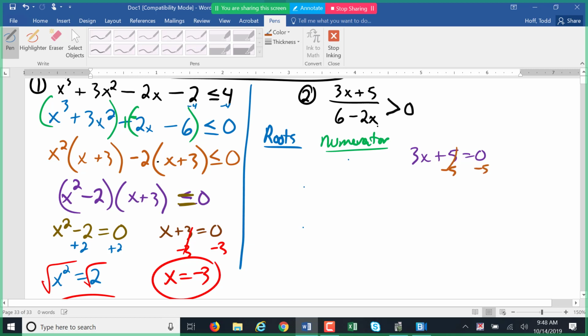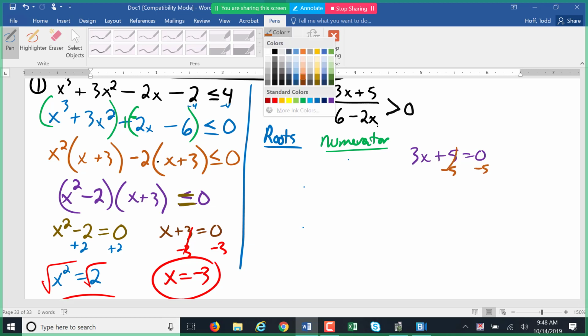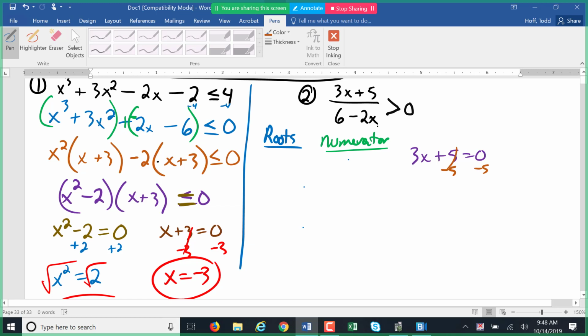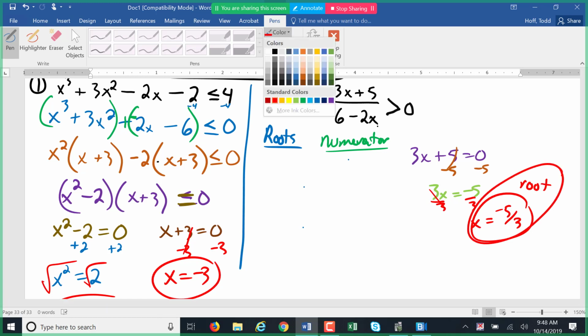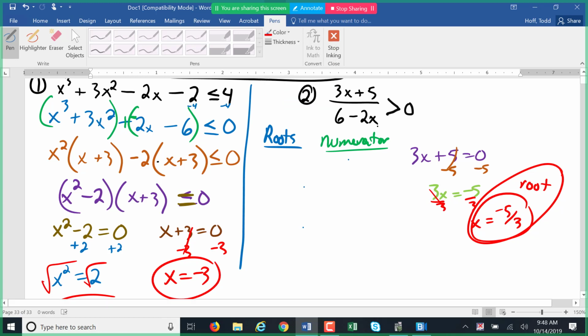Subtract 5 to get 3x equals negative 5. And finally, we'll divide by 3. x equals negative 5/3 is a root.